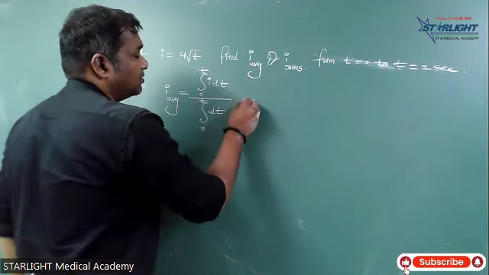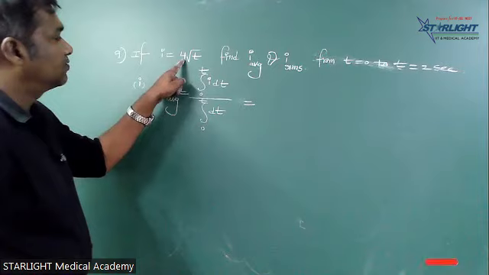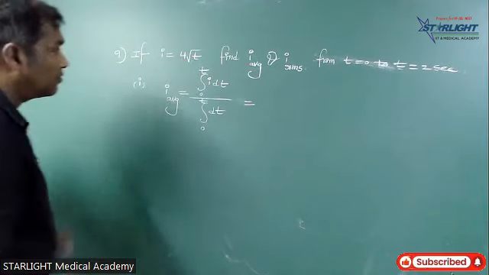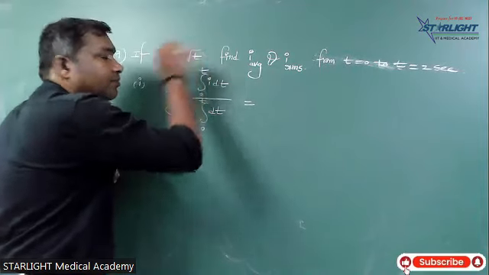What is the value of I? 4 root t, which means 4 t power 1 by 2.